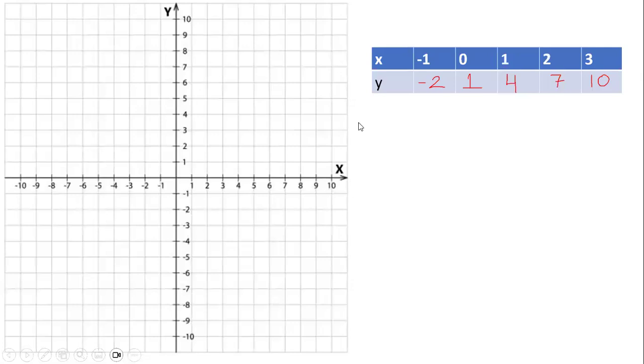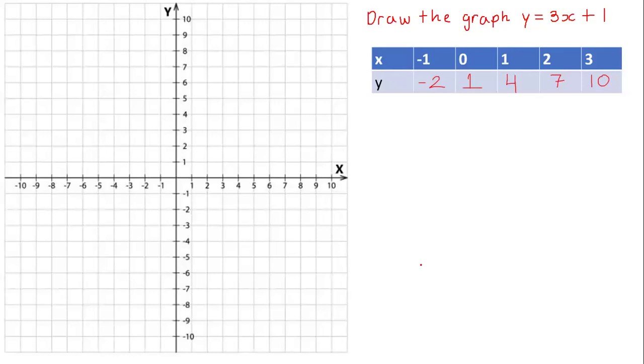And so what we want to do is draw the graph y is equal to 3x plus 1.